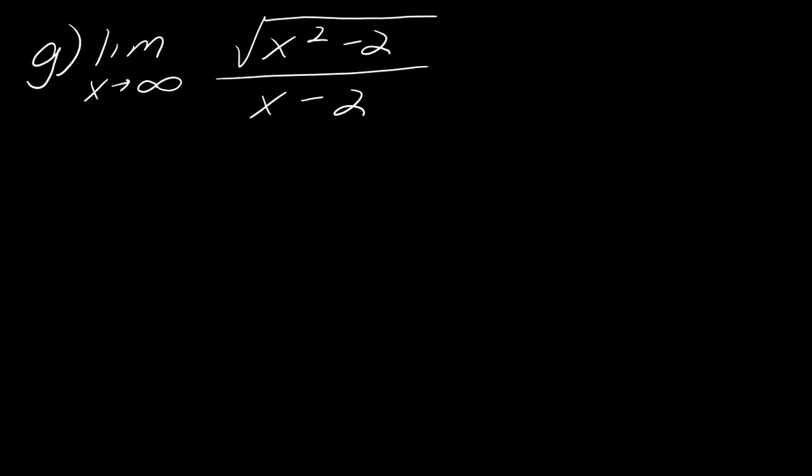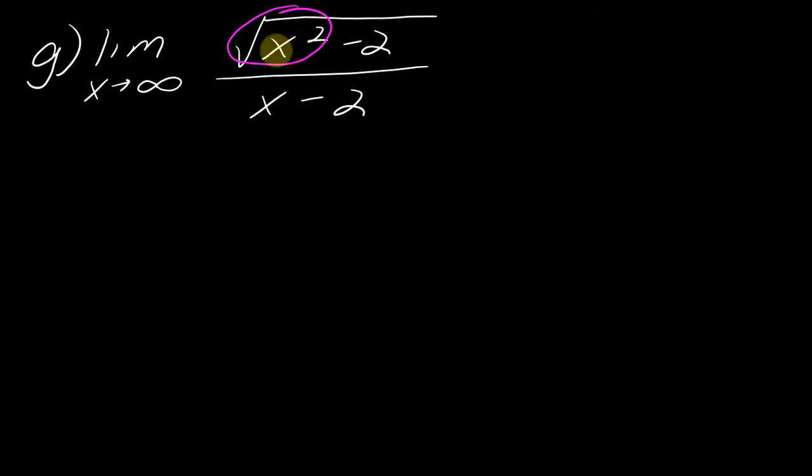So now we've got the limit as x approaches infinity of this square root over this. This is really just a rational expression in disguise. I've explained this in way more detail in other videos, but just to jog your memory, you want to think about what is happening with taking the square root of the highest power here.